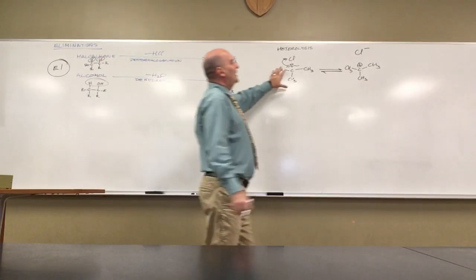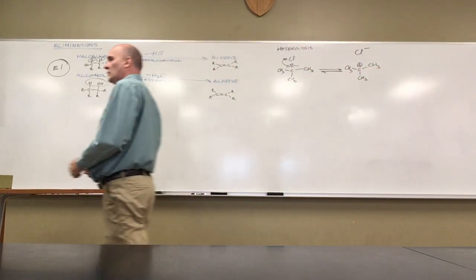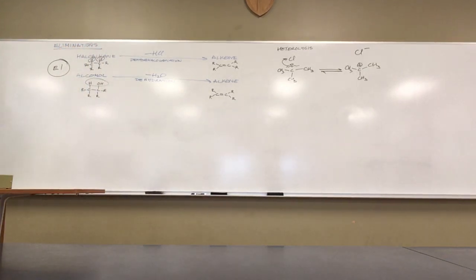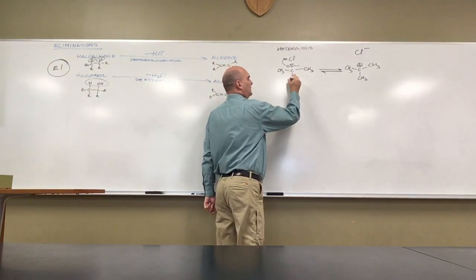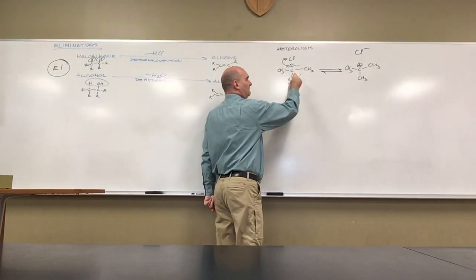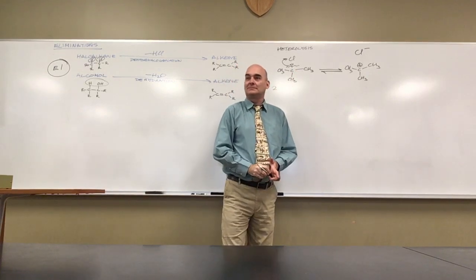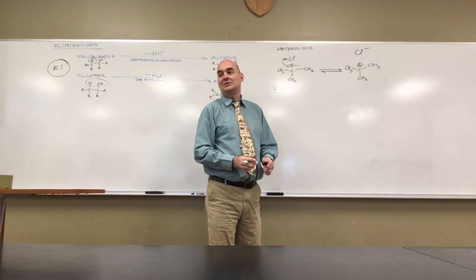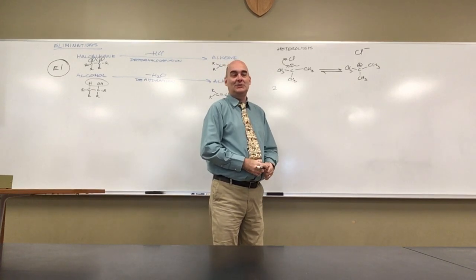Take everything I've just discussed and write the first step for the dehydrohalogenation of an alcohol. I just did it for a dehydrohalogenation. Let's do it for a dehydration. What's the name of this molecule? It's called 2-chloro-2-methylpropane.